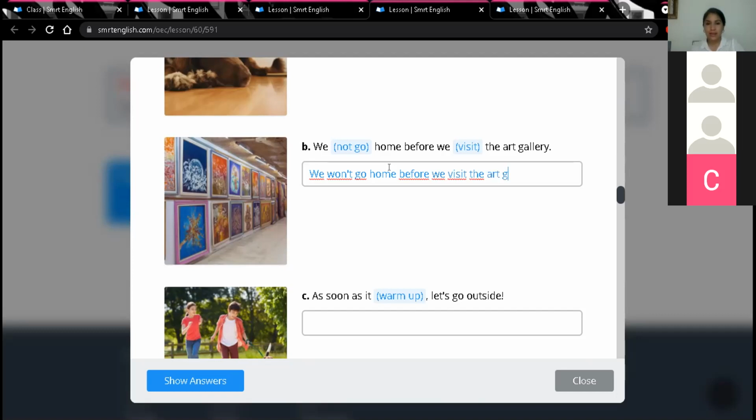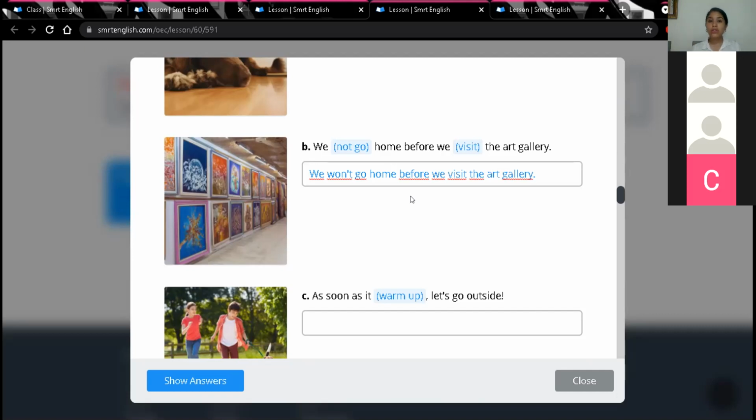Teacher, in this sentence, is it correct to say we shouldn't go home before visit the art gallery? Yeah, but remember that the difference between will and should is big, because should is like advice.